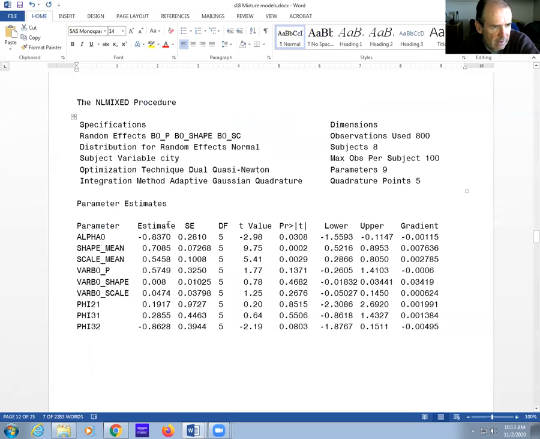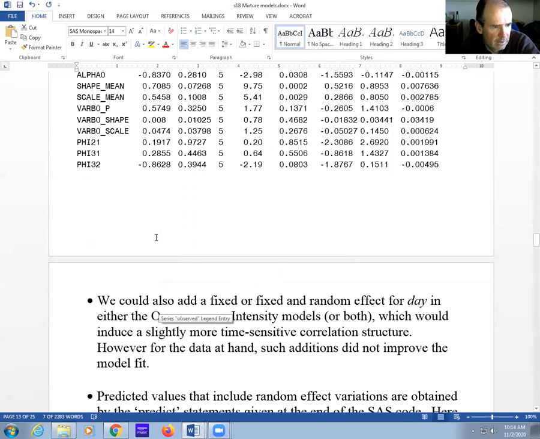In a nutshell, here are our results. We have to use Gaussian quadrature for this, so we're approximating the true likelihood. You can see our correlation parameters between our random terms, estimates of the variances of our random effects, and our estimates of the shape and scale parameters, and our intercept. We get all of that here.